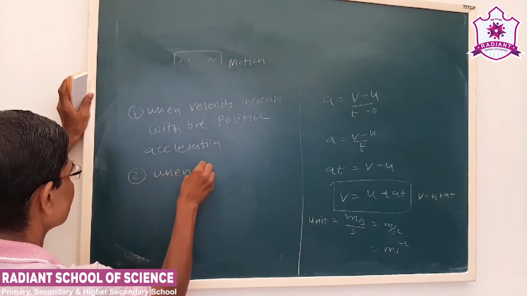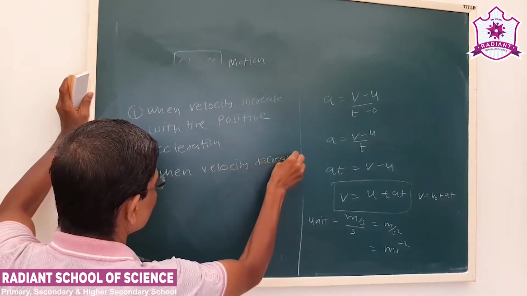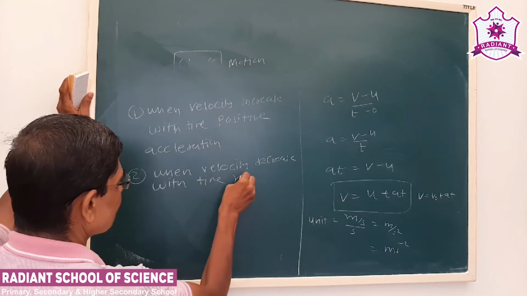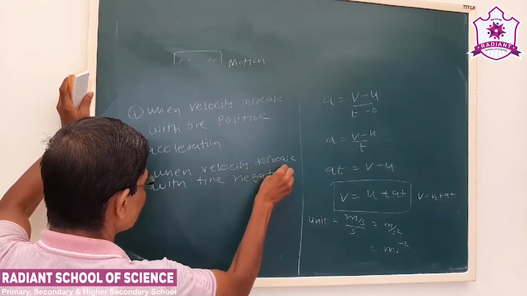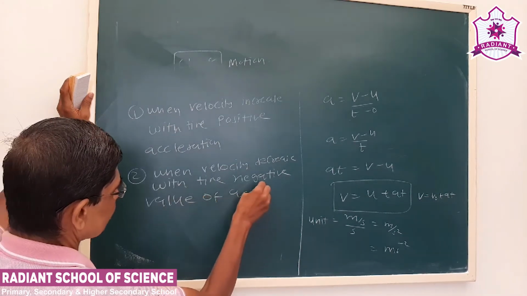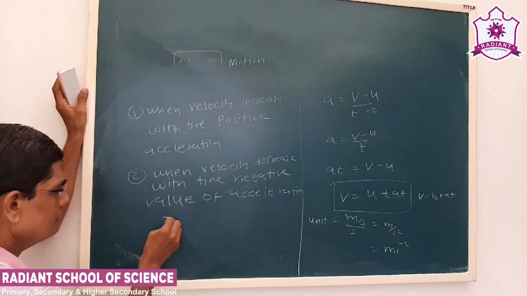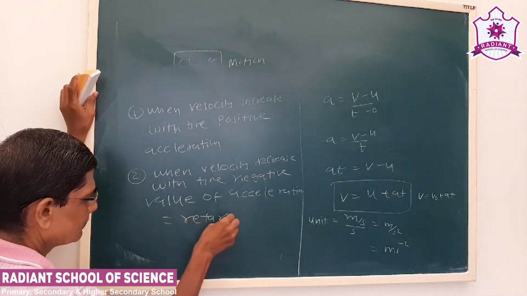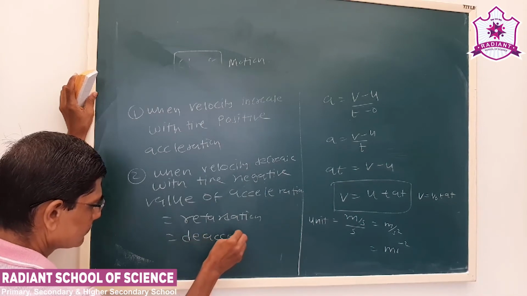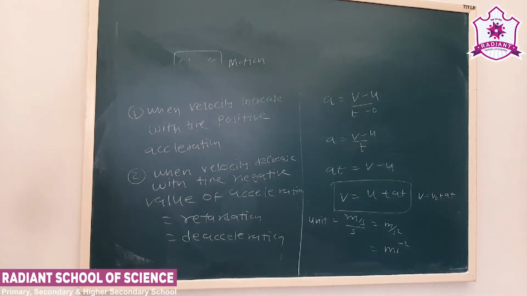When velocity decreases with time, it is called negative acceleration. This is called retardation, or deceleration. Both have the same meaning.